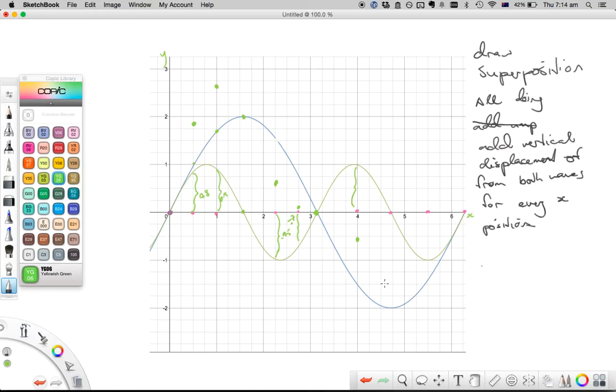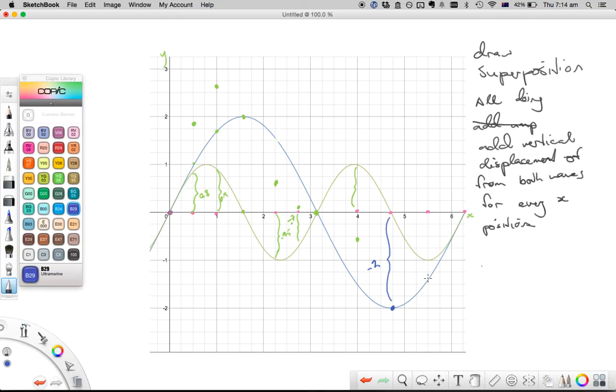Here, let's do it another way. Let's think about adding on the blue to the green. Here we've got a negative blue displacement of 2 units. So we have to subtract 2 from this point, as 0 minus 2 is just negative 2. So we end up there, which is obvious.